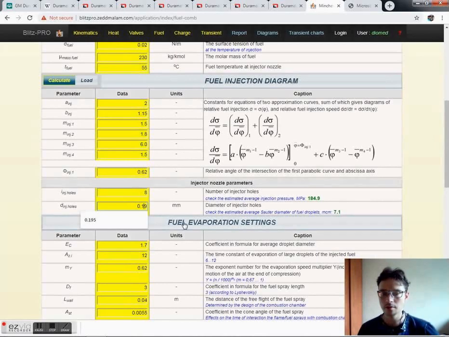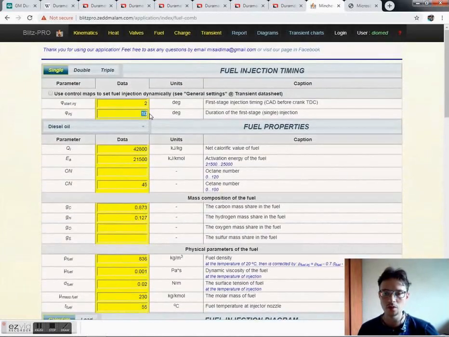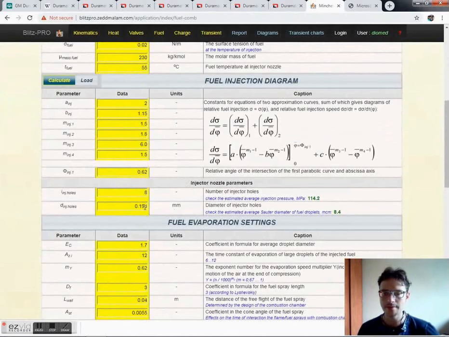But as you can see, we get very small fuel droplets. So the other option is to increase the duration of fuel injection a little bit, and then drop down the injector hole bore. So we get this combination.